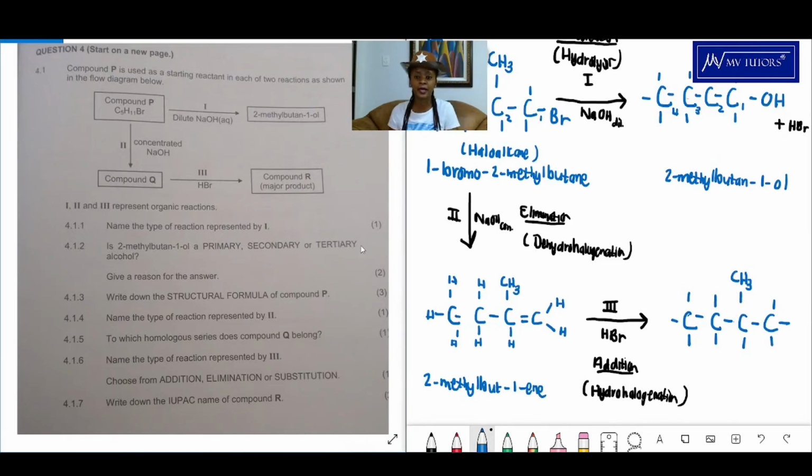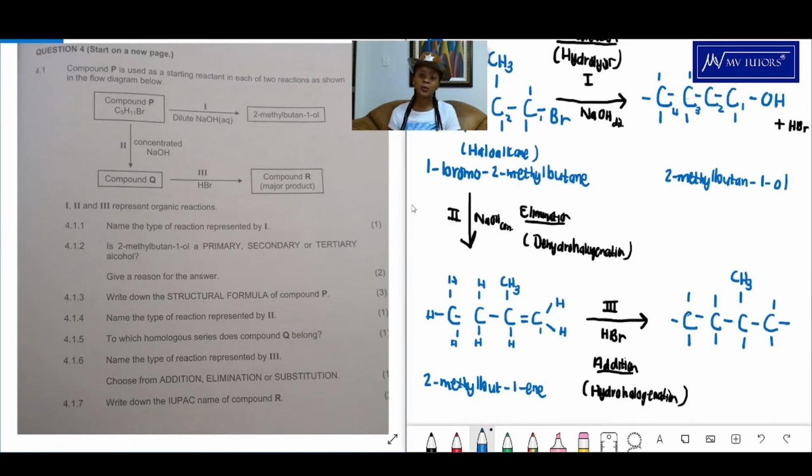If I look here, this carbon is attached to a methyl group, and this one is also attached. So the carbon that has the most hydrogens will be carbon number 1. But if I put bromine on carbon number 1, I'm back to compound P, and I don't think we're trying to go back to compound P. We're trying to get a different compound.